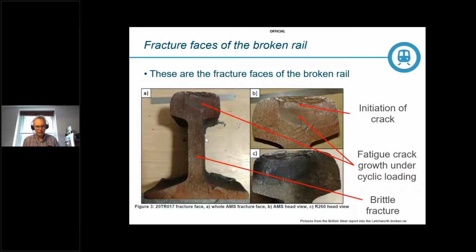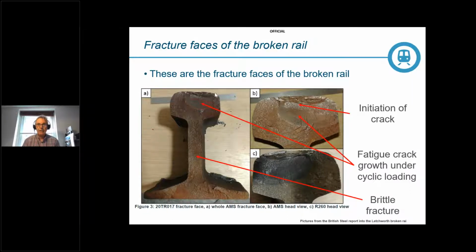These are the fracture faces of the broken rail. View A shows the whole of the fracture face on the AMS side of the break. View B shows an enlargement of the rail head on the AMS side of the break. And view C shows an enlargement of the R260 rail face. And it's the R260 rail which has failed.